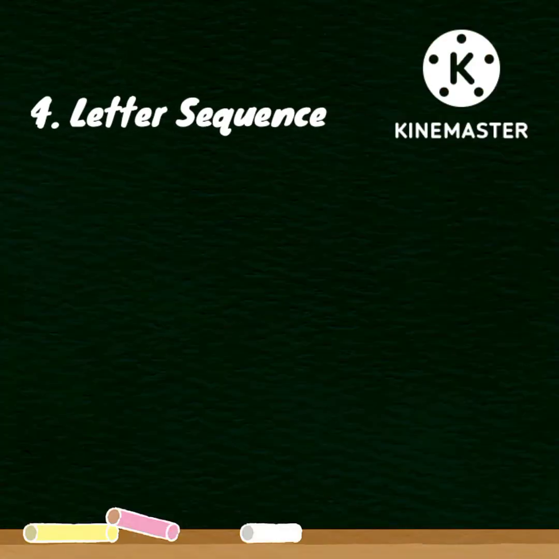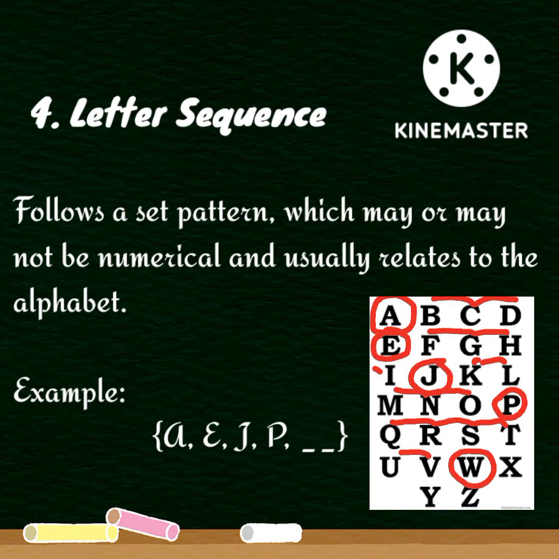Letter sequence follows a set pattern which may or may not be numerical and usually relates to the alphabet. So, we will use alphabetical para madali. Example, A, E, J, P, and blank.